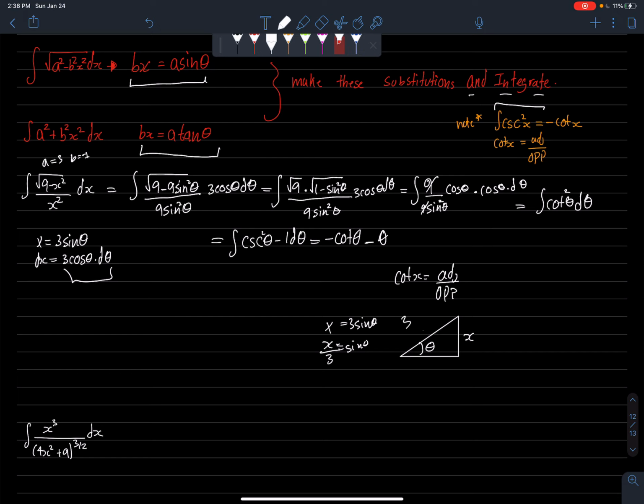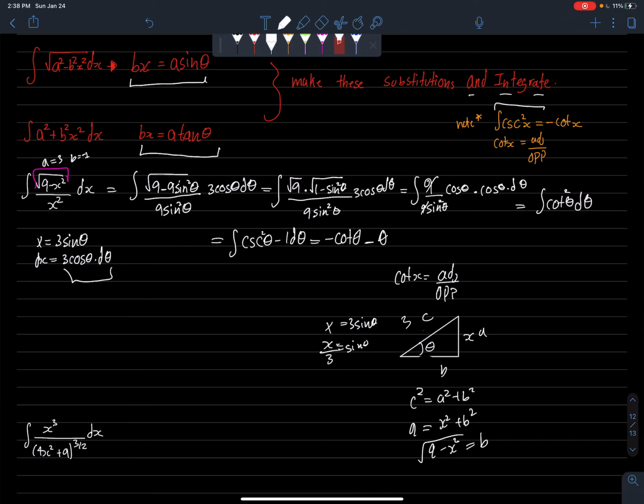If you wanted the remaining side length, what would it be? If this is C, this is A, this is B, then C squared is equal to A squared plus B squared. We don't know B, we know C. So we have 9 is equal to x squared plus b squared, so the root of 9 minus x squared is equal to b. And you see, that's what we had in the beginning right here. So that's how you know you did it right.